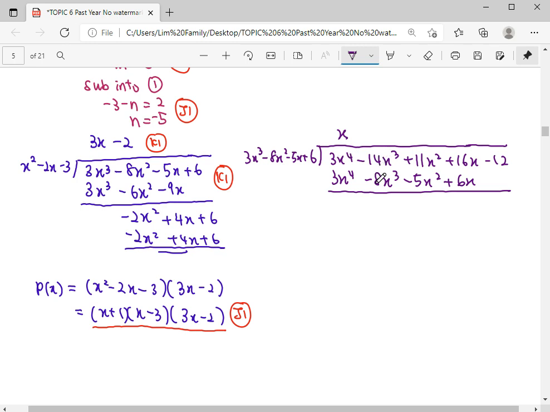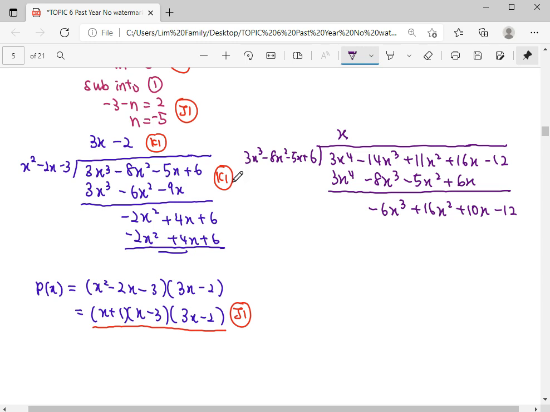So negative 14 minus negative becomes positive 8. Here minus becomes positive 5, so it becomes 16 together. Then minus 6 here becomes 10. Then 12. So we can still continue. You can see x cubed, we can still continue this division.